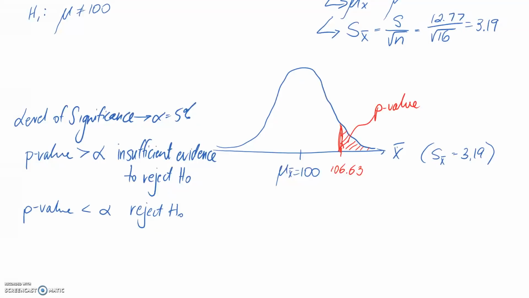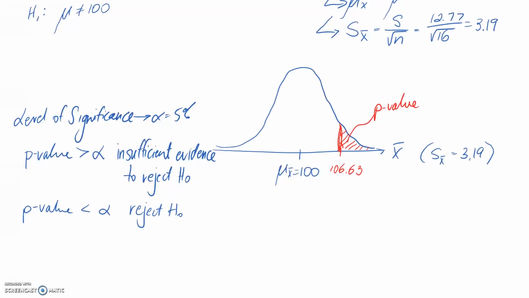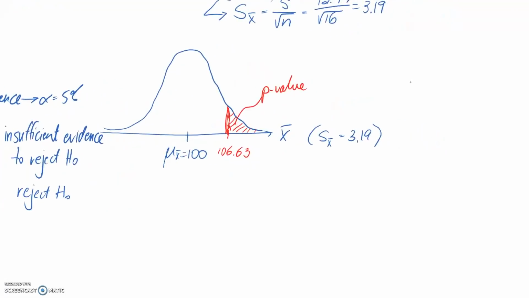So we need to convert from being in x bar to being in t, and we have an equation for that. It's very similar to the Z one: t is equal to x bar minus mu x bar over s x bar.